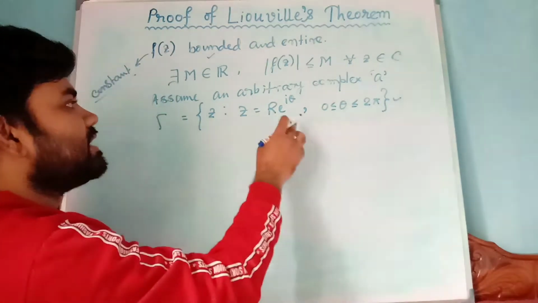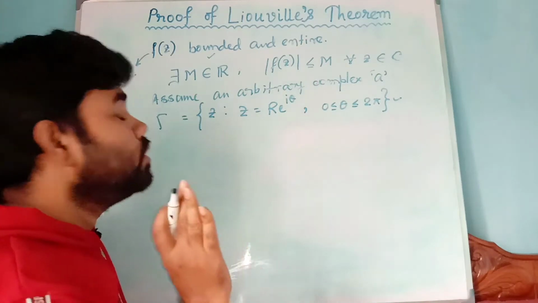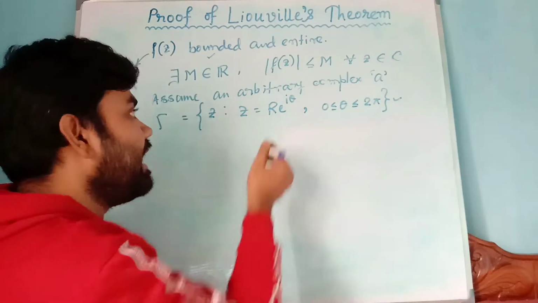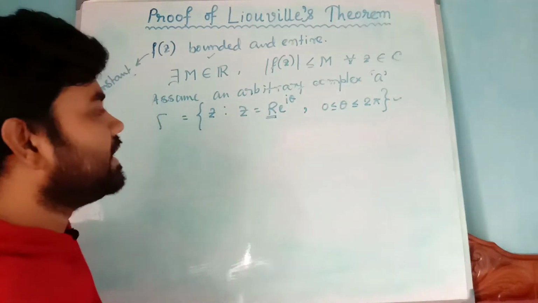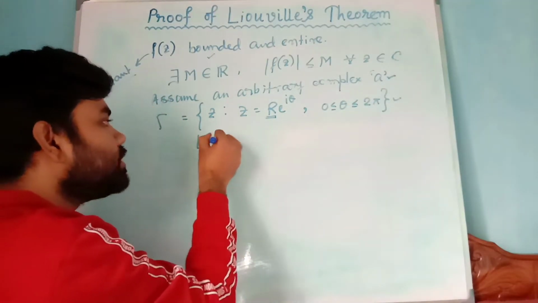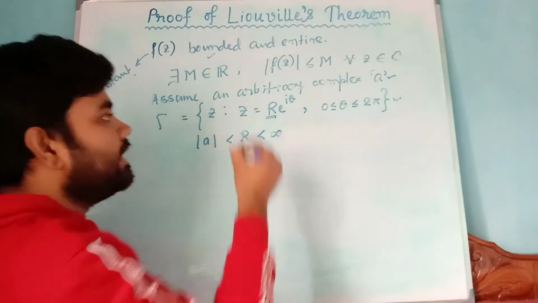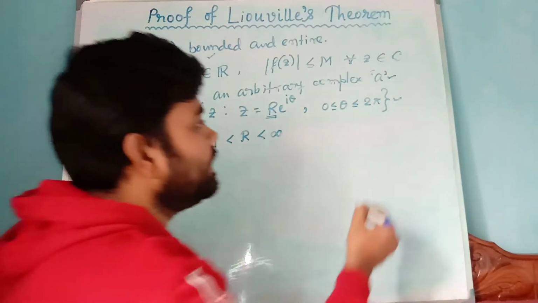So this is obviously a circle whose center is at the origin and whose radius should be capital R. We choose A in such a way that modulus of A is less than capital R, and capital R is a finite real number, so this is less than infinity.